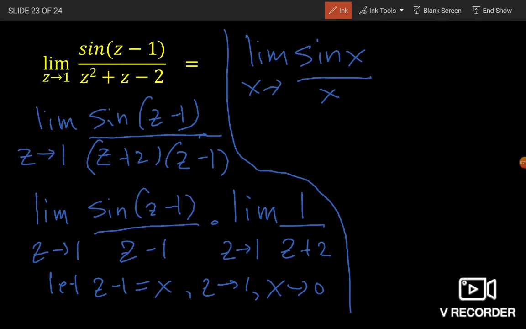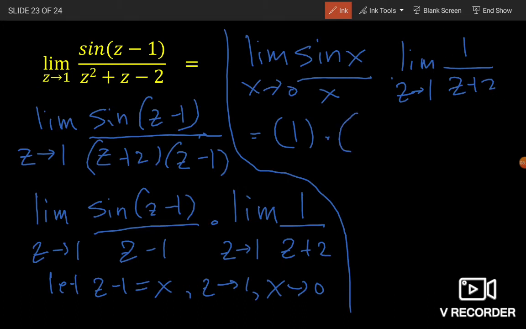Therefore, as x approaches 0, multiplied by the limit of 1 over z plus 2 as z approaches 1. Now we know the limit of sine x over x as x approaches 0 is equal to 1, multiplied now by the limit of 1 over z plus 2.